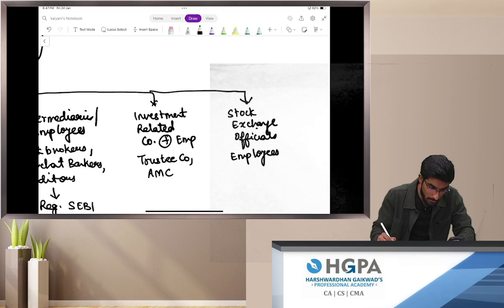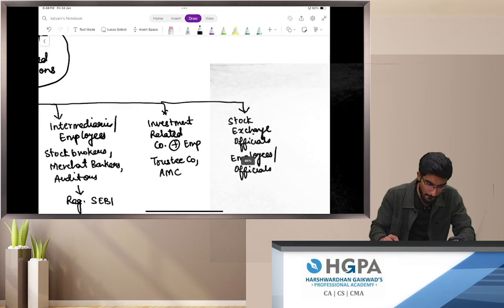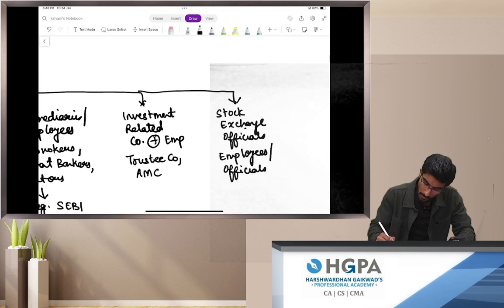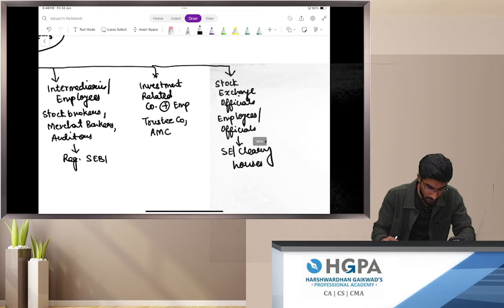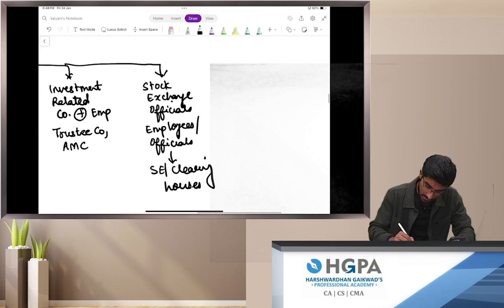Employees, officials, of stock exchange or clearing houses. Next is mutual fund.